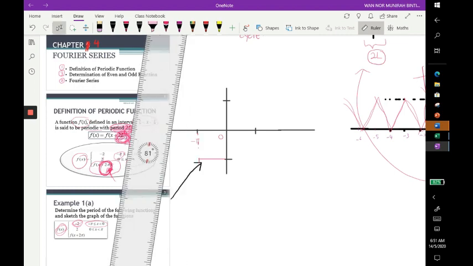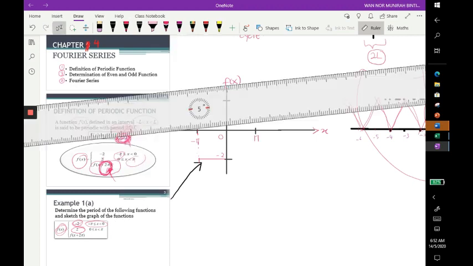And then you have another one: f(x), or y, equals 2 when x is from 0 to π. Let's say this is your 2.